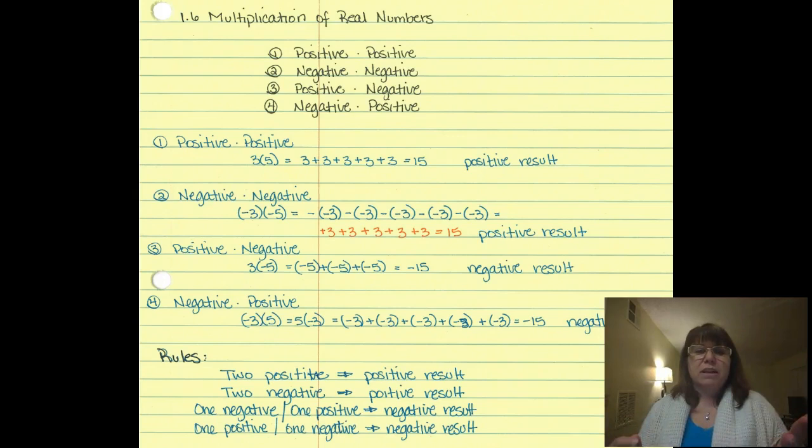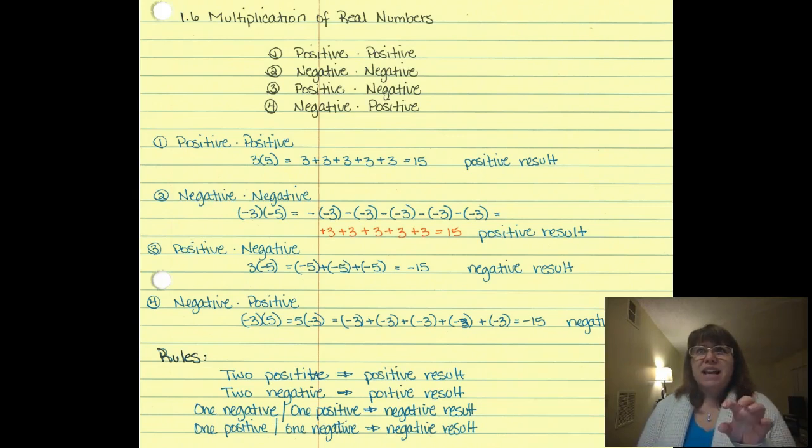I have 5 3's, right? 3 plus 3 is 6, 6 plus 3 is 9, 9 plus 3 is 12, and 12 plus 3 is 15. But the important part here, besides 15, is that it is a positive 15. So a positive times a positive will give me a positive.